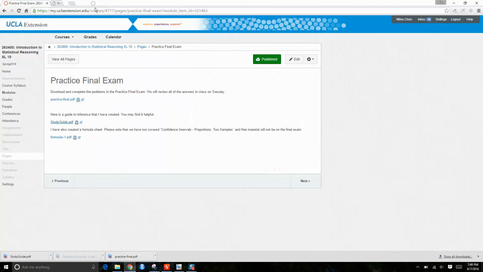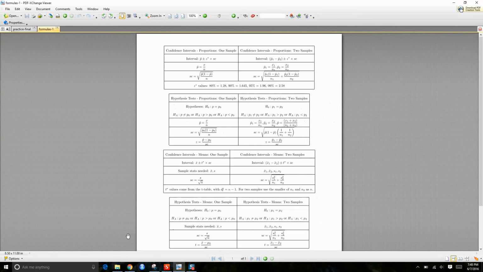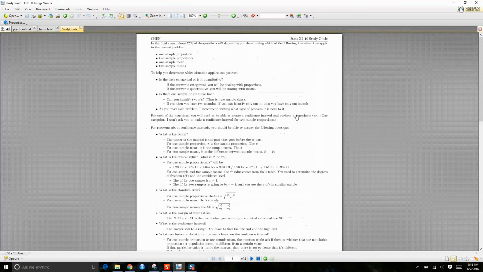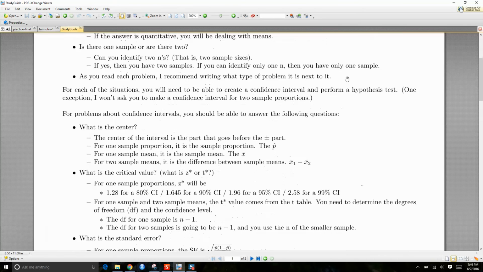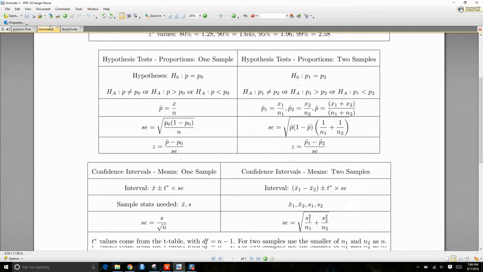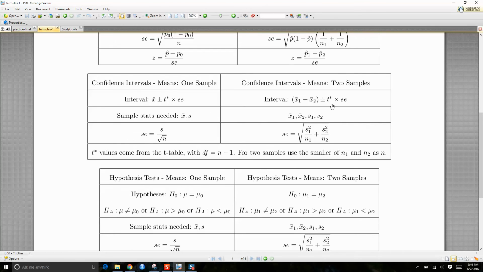I created these both with the intention that they would be helpful. But if you have your own way to approach these problems, that's also entirely fine. Anyway, we've got confidence intervals, means, 2 samples.